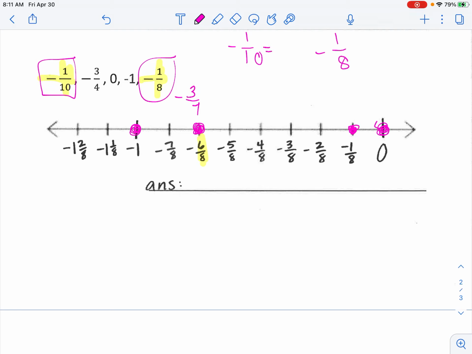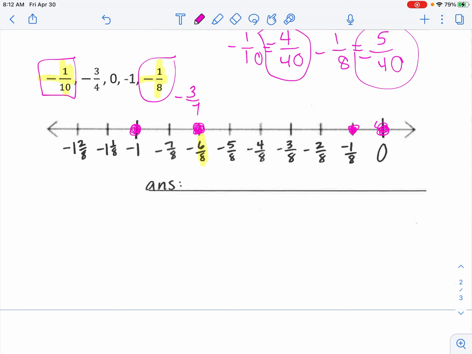I'm going to find a common denominator. The least common denominator would be 40. If I do 10 times 4 and 1 times 4, that would be negative 4/40. And if I do 8 times 5 and 1 times 5, that would be negative 5/40. So these numbers are going to be super close together on my number line.